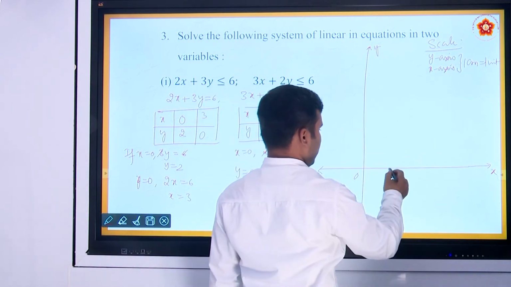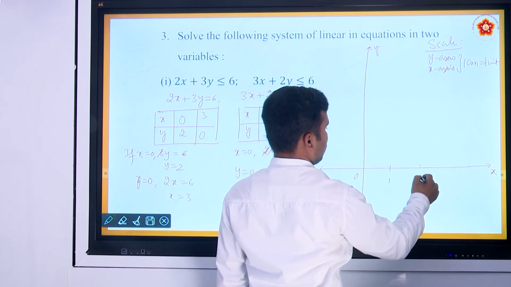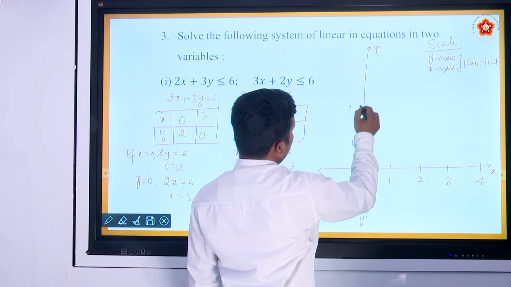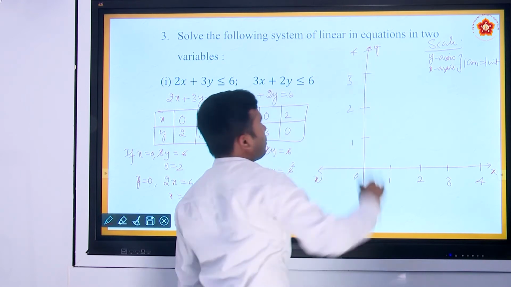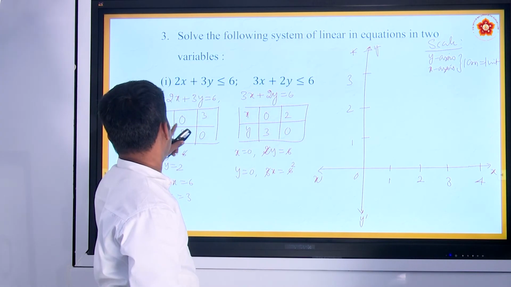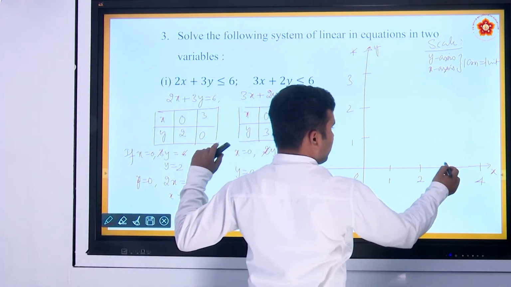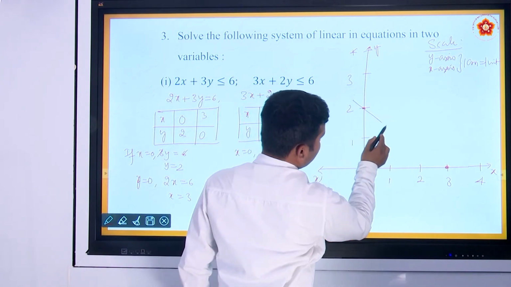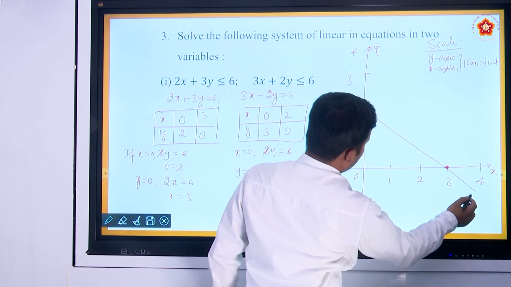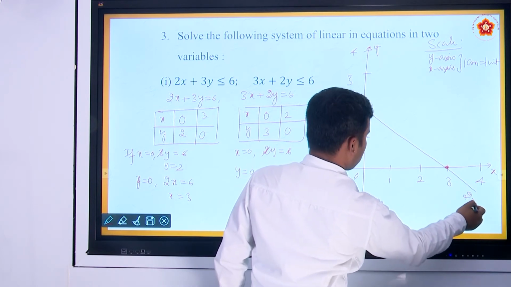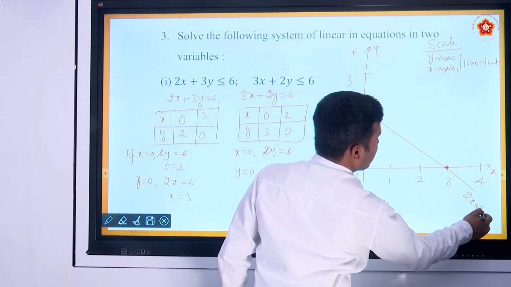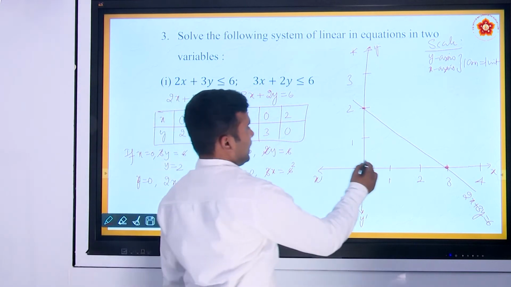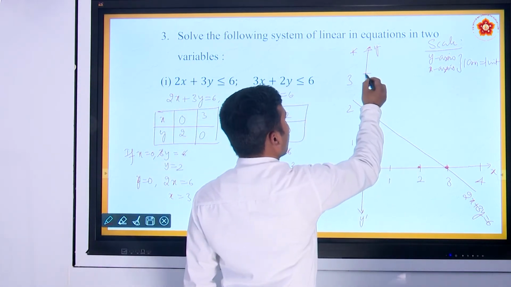Okay, so that will be 1, 2, 3, 4 and 1, 2, 3, 4. Now let us represent this. x is 3, y is 2. So join these 2 points. What is this line called? 2x plus 3y is equal to 6. Okay. Similarly, this one. x is 2, y is 3.